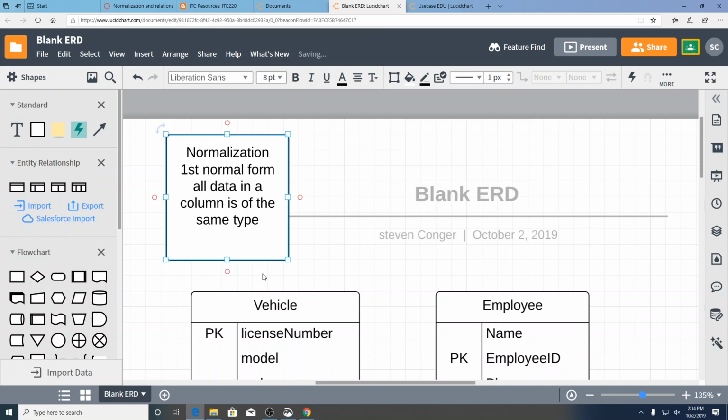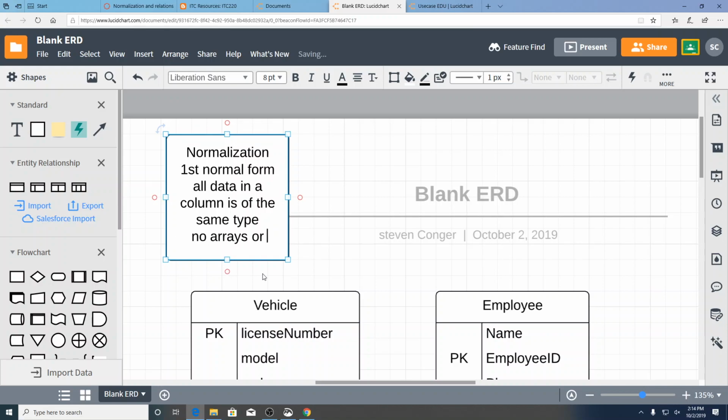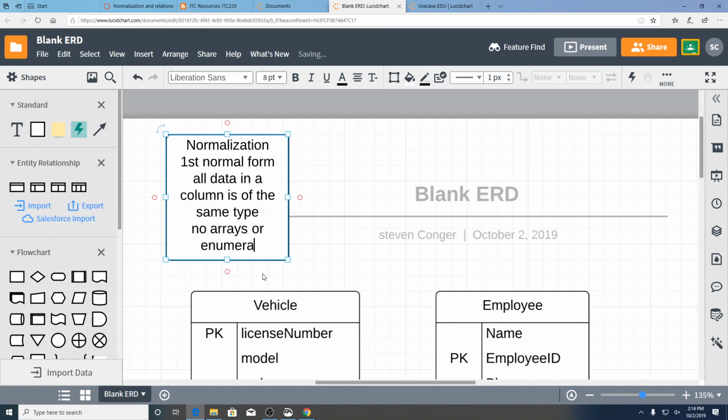The other thing is there can be no arrays or repeated, or let's put it like enumerated. What that means is everything has to be single.